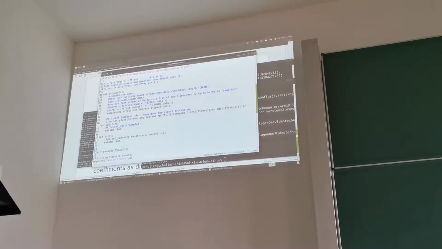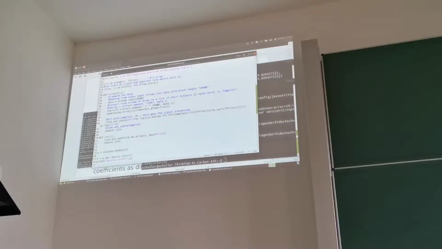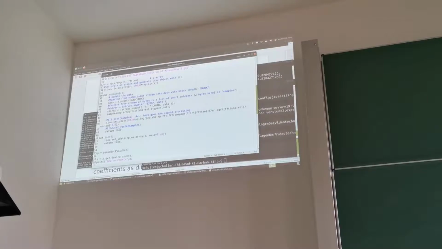And here this is the conversion format. Data is our binary array. And then I convert the short integers into floats in this float here. So samples now contains the samples as float values, and float is easiest to compute with, and that's why I did this conversion.